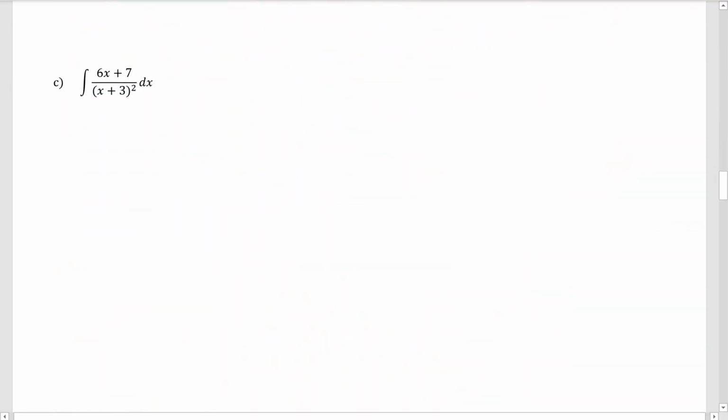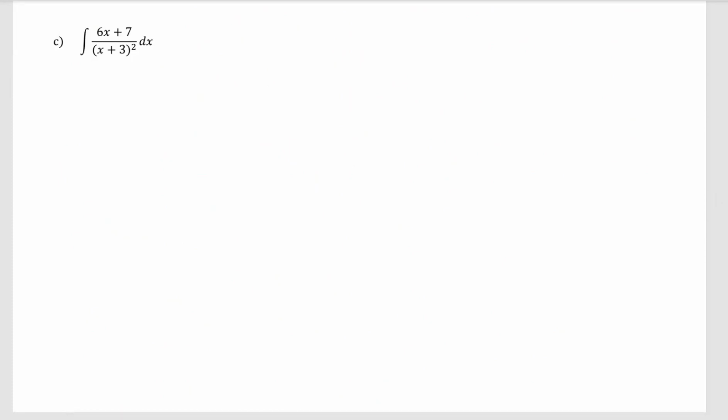Okay. Next, let's look at part C. So part C, we have the integral of 6x plus 7 over x plus 3 squared. You can see it's already factored completely, and the degree of the numerator is 1, the degree of the denominator is 2.